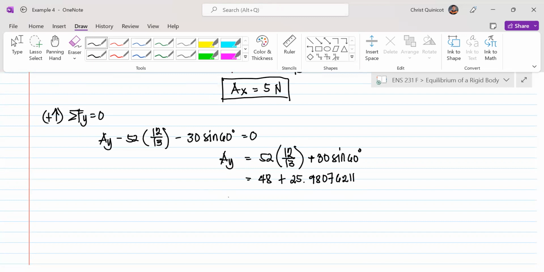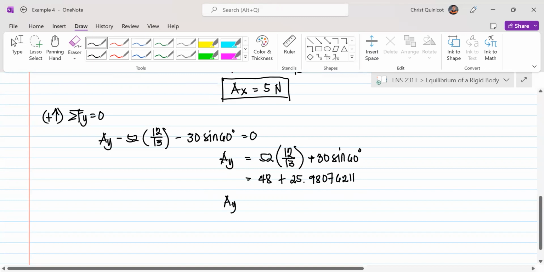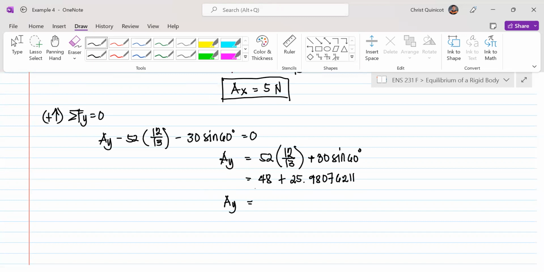A sub y is equal to 73.9807611 Newton force.